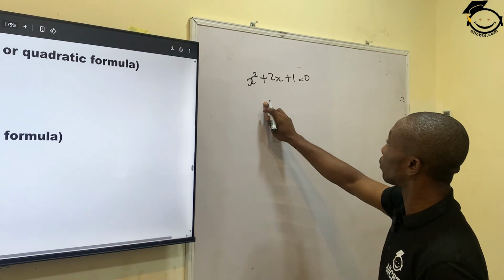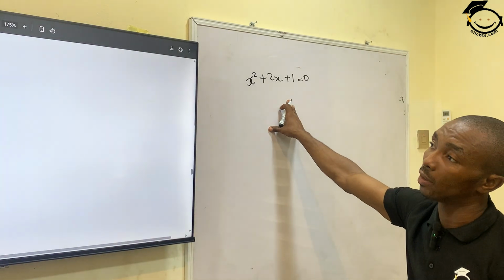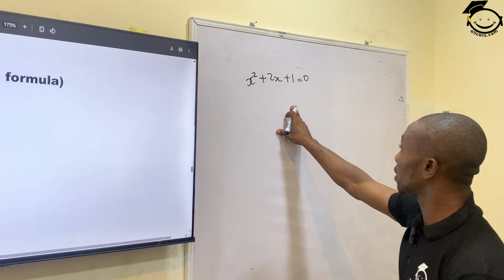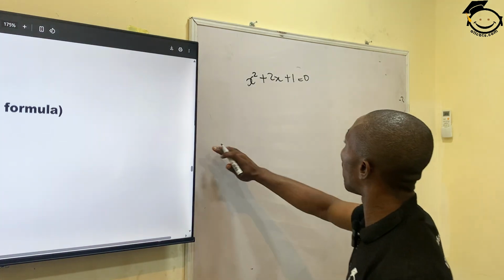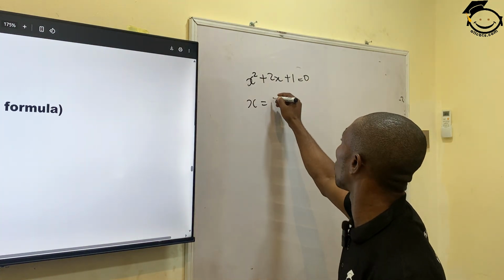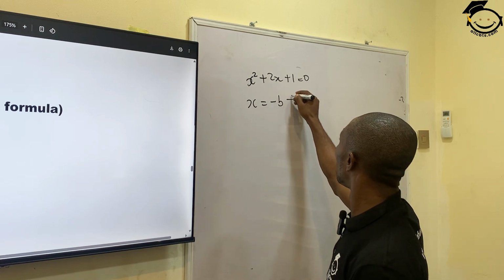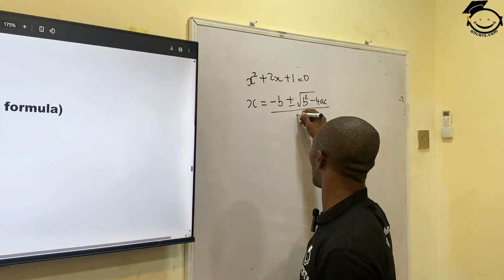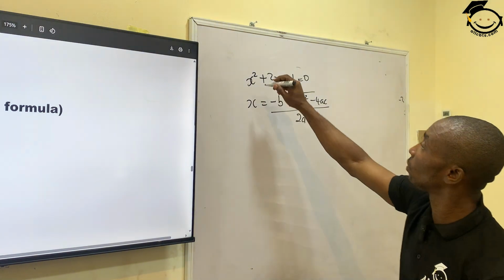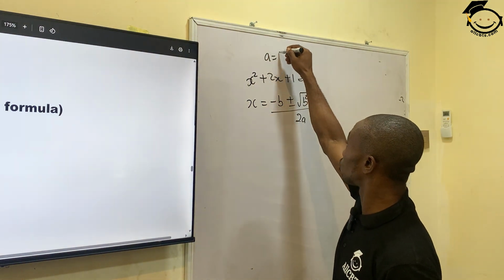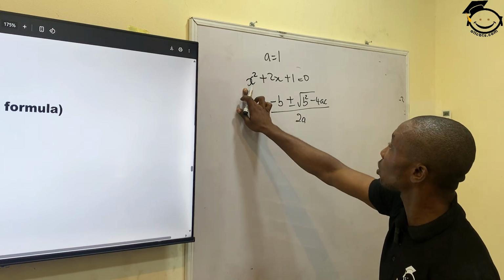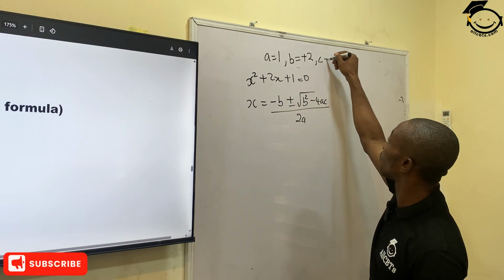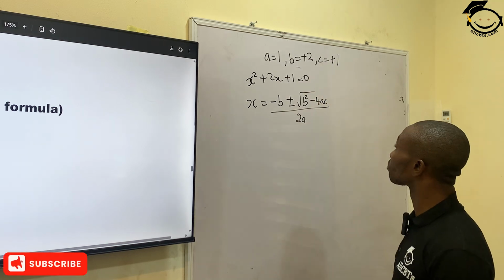If we cannot factor this out, we'll use our quadratic formula that says x equals minus b plus or minus root b squared minus 4ac, all over 2a. In this situation, a equals 1 because the coefficient of x squared is 1. Our b equals plus 2 and our c equals plus 1.